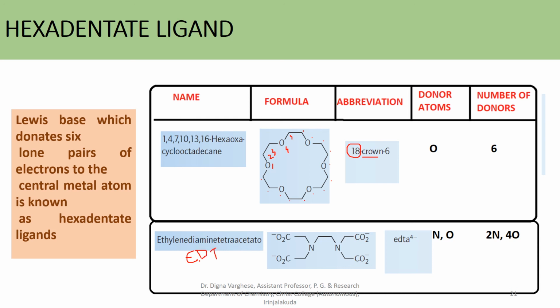Here 2 nitrogen and 4 oxygen atoms donate electrons to the metal atoms. So ethylene diamine tetraacetic acid and 18-crown-6 act as hexadentate ligands.